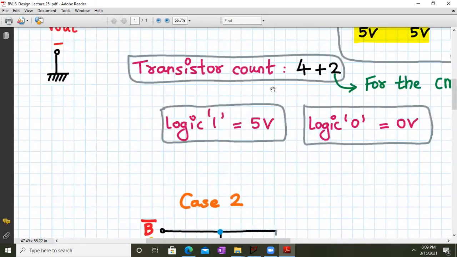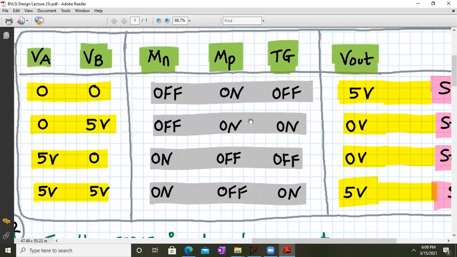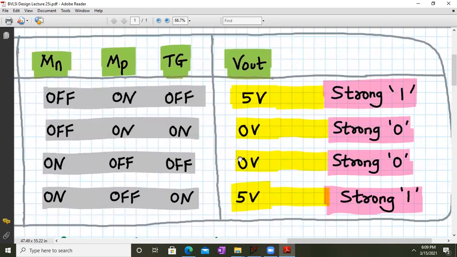This is summarized in the form of a table. We have written it in the form of voltages, as it is always good to write in this form. It shows the state of all the transistors and the transmission gate along with the 4 cases of the inputs: 0 and 0, 0 and 5, 5 and 0, and 5 volt and 5 volt. And we have written the output in terms of voltages. The advantage of this circuit is that we get a full swing output.